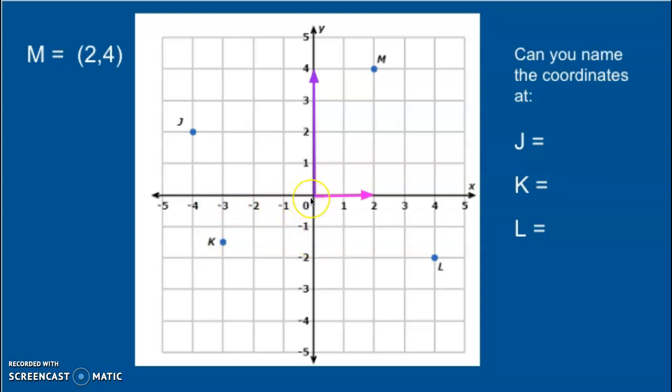And finally, the coordinates at letter L or point L. If we start at the origin, we see that now our x has a positive value of 1, 2, 3, 4. So our x is equal to 4. And our y again is in the negative, 1, 2, -2. So L has coordinates (4, -2). And 4 meets at -2 at the point L.